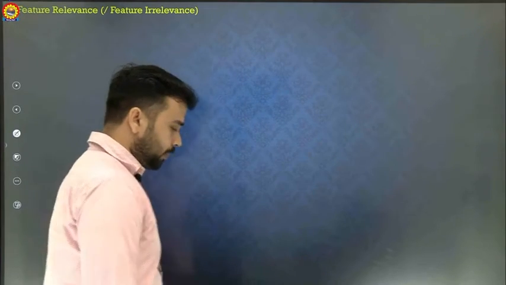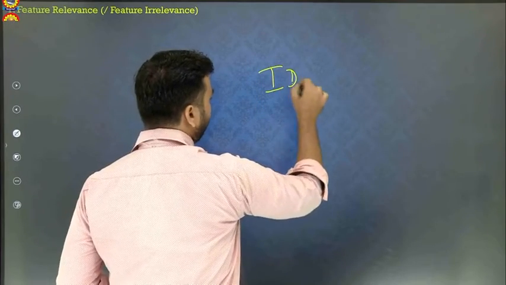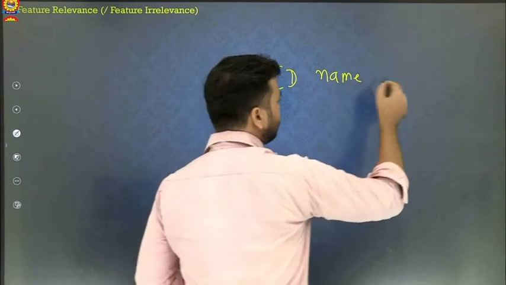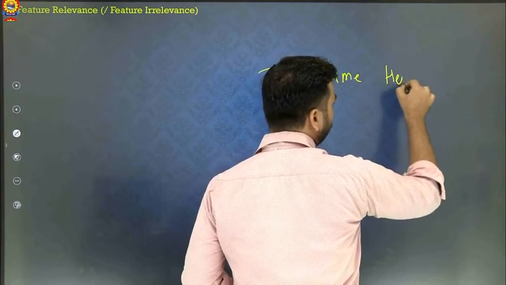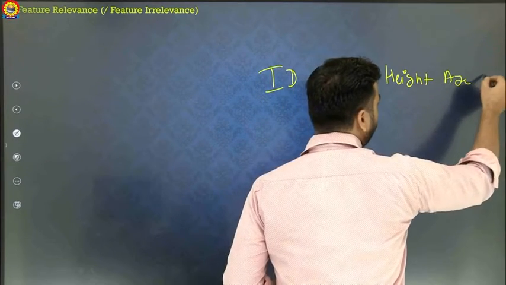Suppose your target value is the weight of the student, for example, the average weight of the students. Suppose you have a database with ID, name, and then height, then age, then weight.